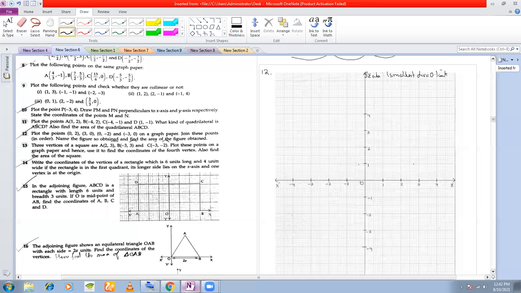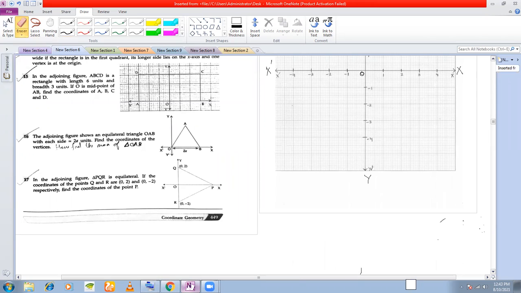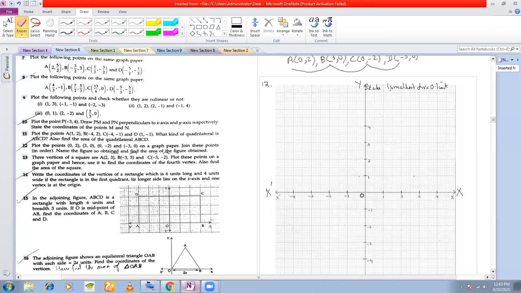You mark your origin here, mark your x, x dashed, y, and y dashed. And you also write your scale here. 1 smallest division is equal to 1 unit. Okay, now we start answering the question.